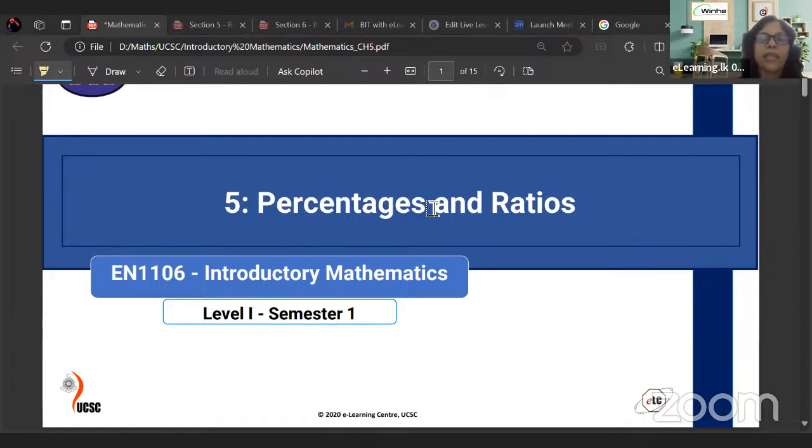We are defining any value with respect to 100. We say it's a percentage. So we can denote it as a percentage if we can find a value with respect to 100.